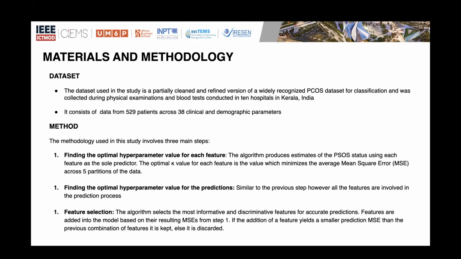This is done by adding in the features one by one and then calculating their MSEs, which is again similar to step 1. The whole idea is that as a feature is added, if it yields a smaller MSE than the previous composition of features, then it's going to be kept. And if it's not, then it's going to be discarded.